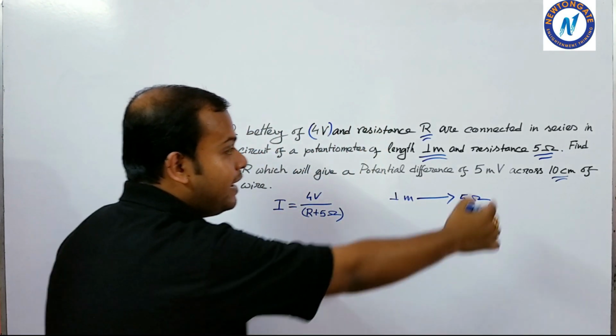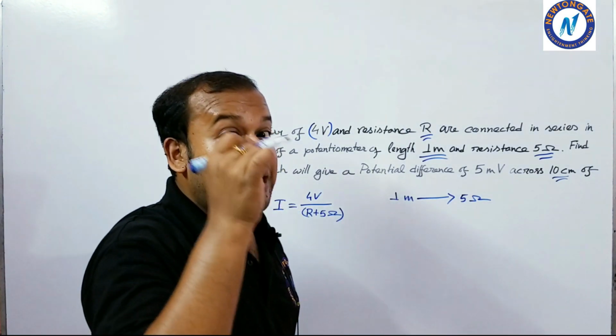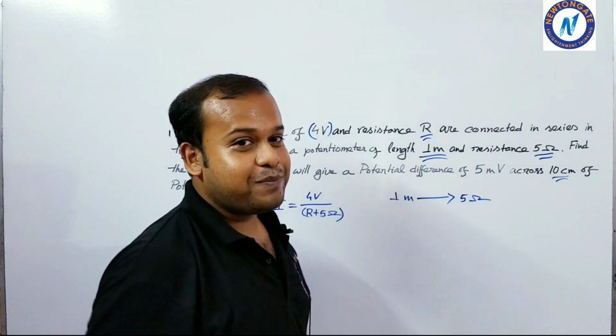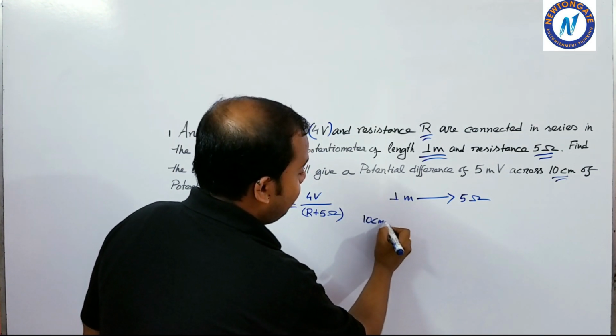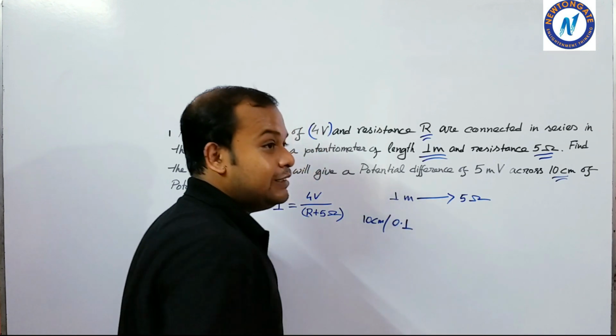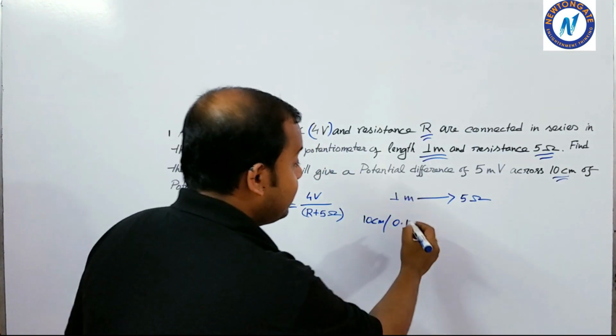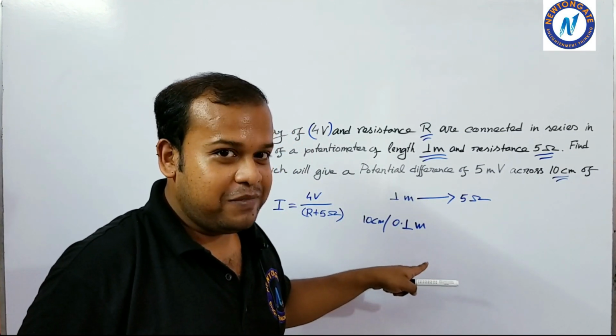So what is my 10 centimeter of wire responsible for? 10 centimeter is equal to 0.1 meter, right?